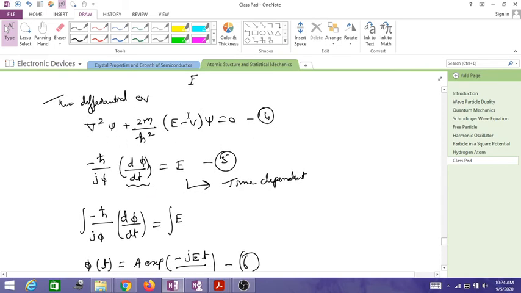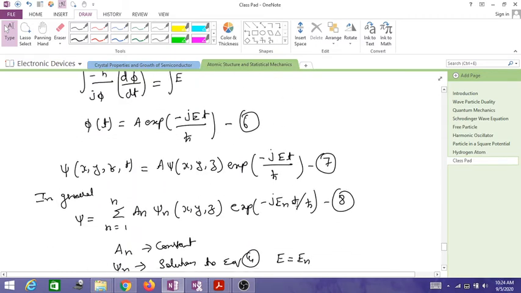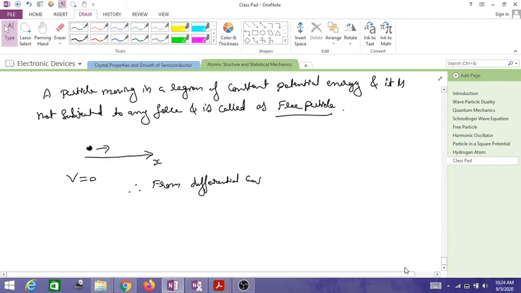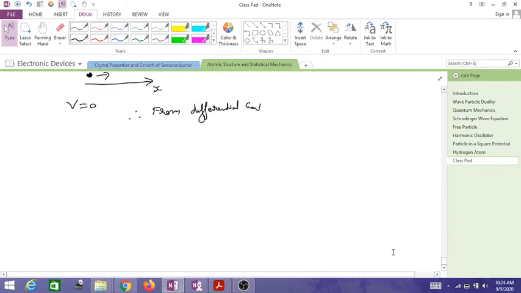By considering the differential equation, equation number 4, we'll write this for the free particle. Let me rewrite it here: the gradient squared operating on the state function plus 2m by ħ squared times (E minus the potential energy), where the potential energy is equal to 0.